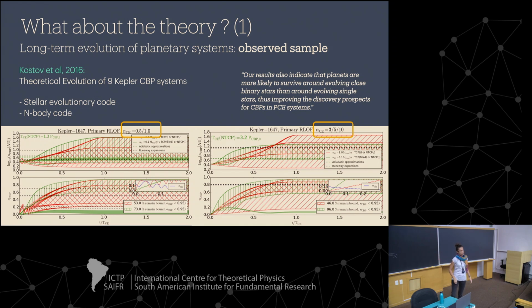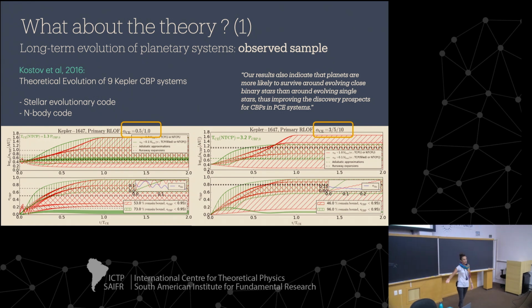If the wind is not adiabatic, then you have a much larger expansion. And also you can have the effect of evaporation on the exoplanet, so the planet is going to lose mass as well.